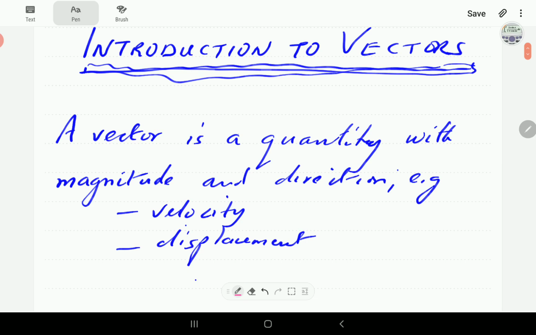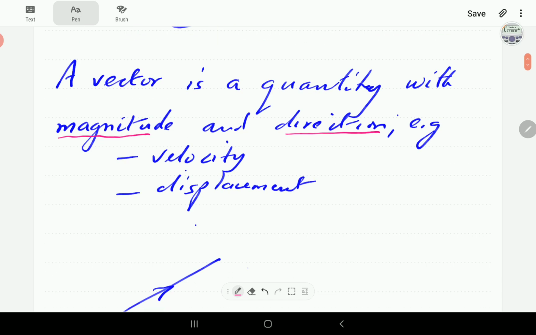Okay, so a vector is a quantity that has got magnitude and direction. So it must have both of these. Examples of vectors are velocity and displacement.